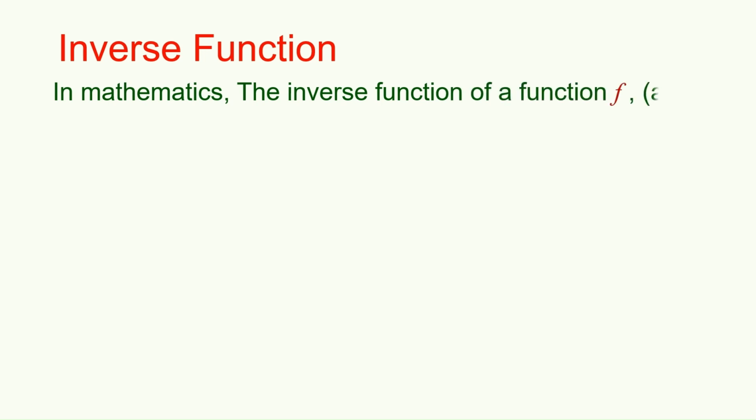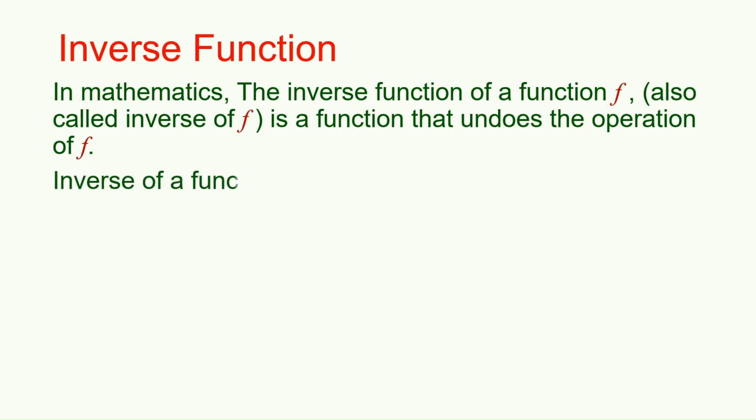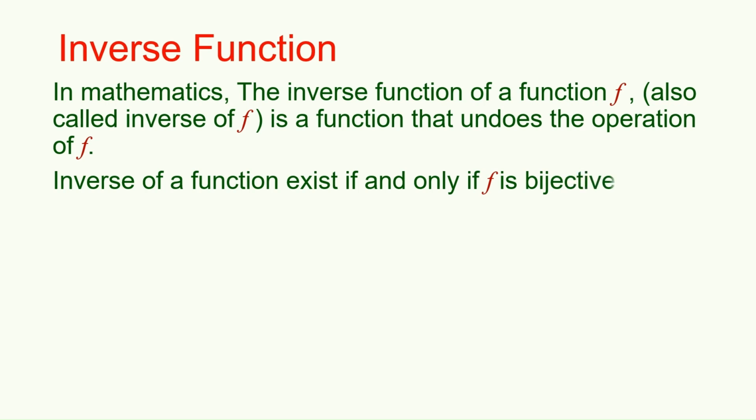In mathematics, the inverse function of a function f, also called the inverse of f, is a function that undoes the operation of function f, and the inverse of a function exists if and only if function f is bijective.